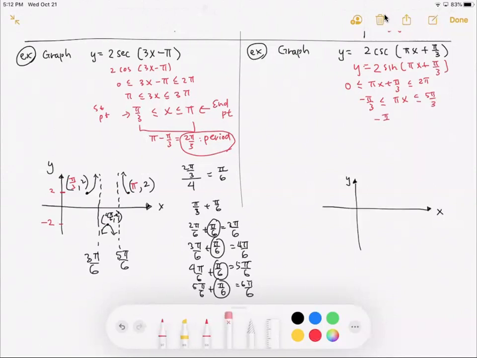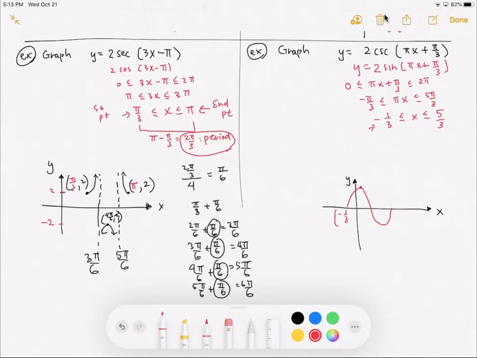So my starting point for sine should look like this, right? It starts at -1/3, and we have another point there, and we have an asymptote.